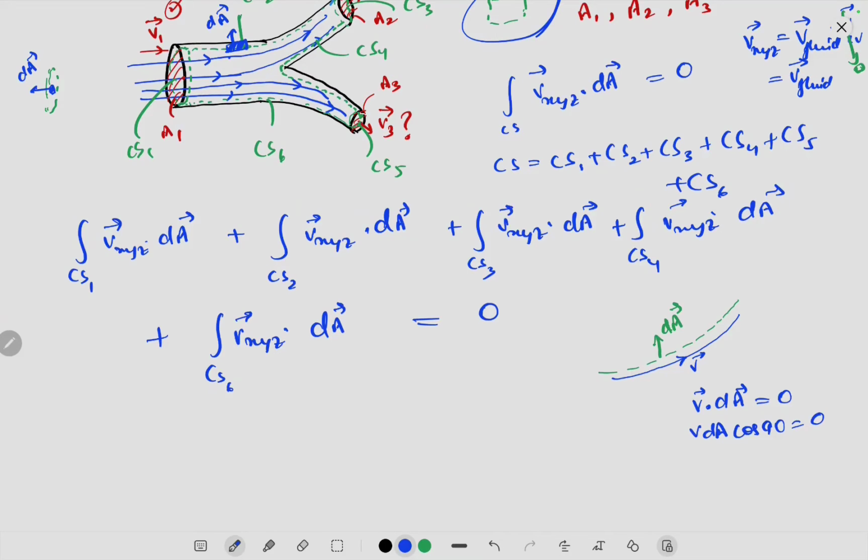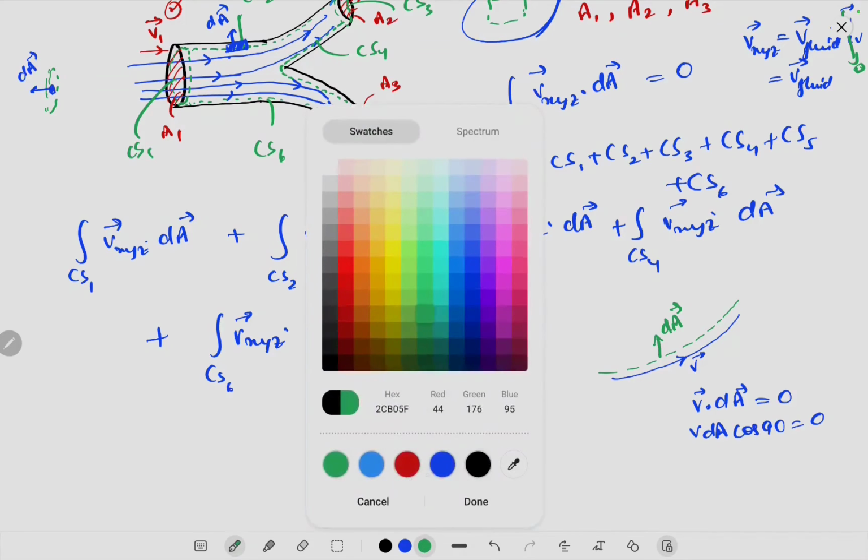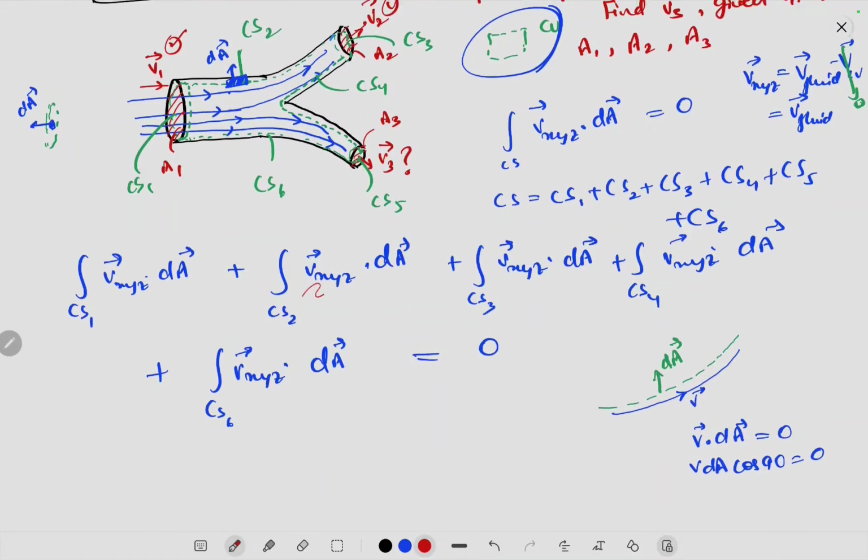So for CS2, this term would become 0. Similarly, this is my CS4, and again V dot dA is 0 for this. So the integral over CS4 is 0.